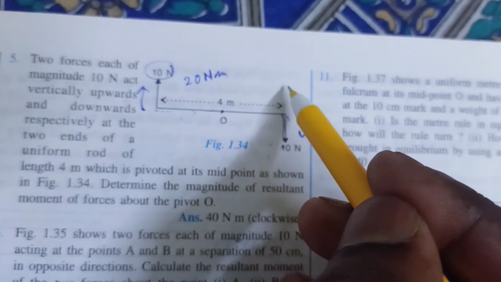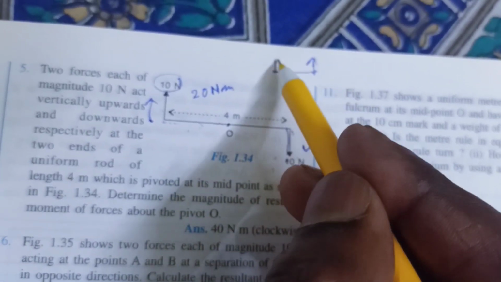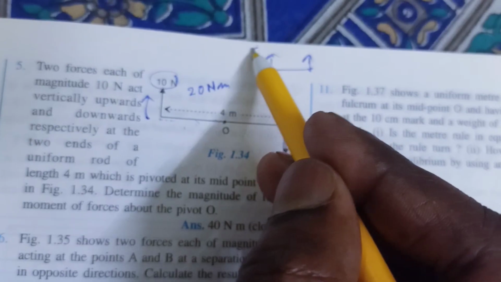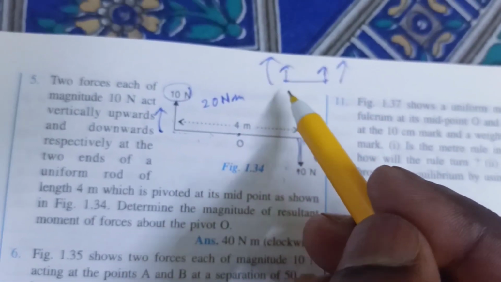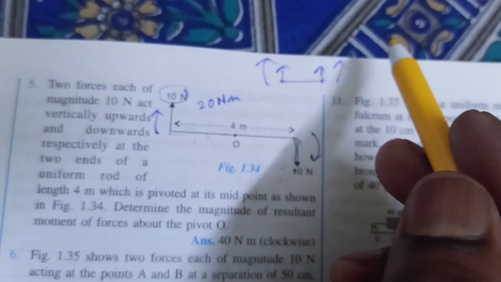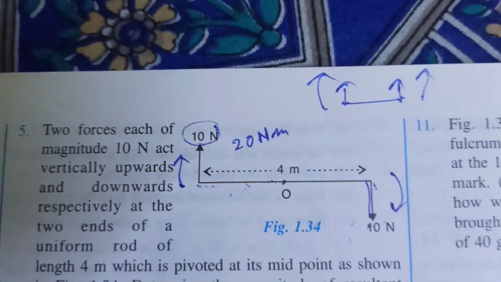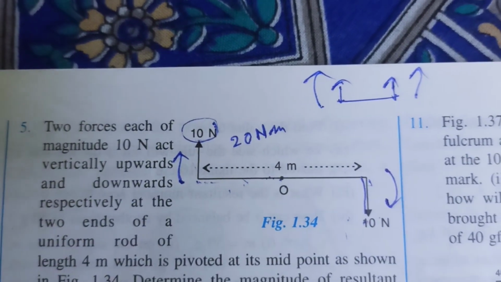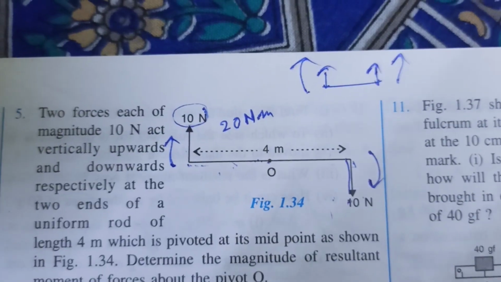If it is in the upward direction, then it is anti-clockwise. Suppose the two arrows are upward, so this arrow can turn in that particular direction, but this is the opposite direction. So you have to see it properly, conceptually, and determine whether these are clockwise moments or anti-clockwise moments.